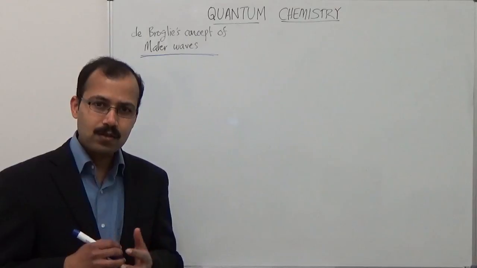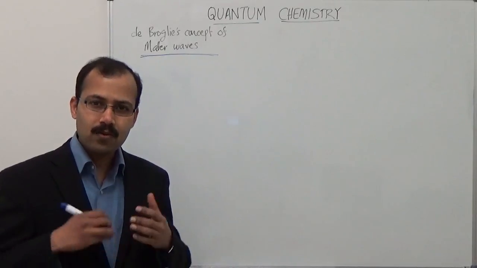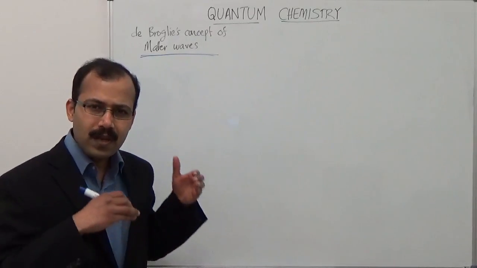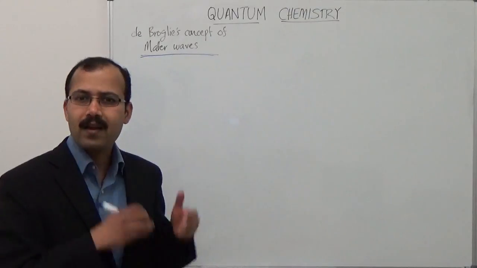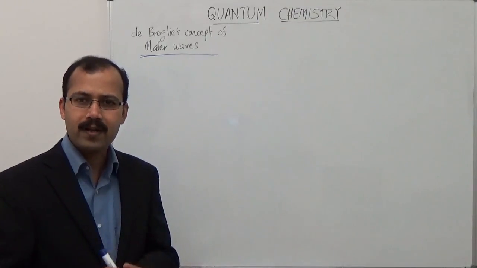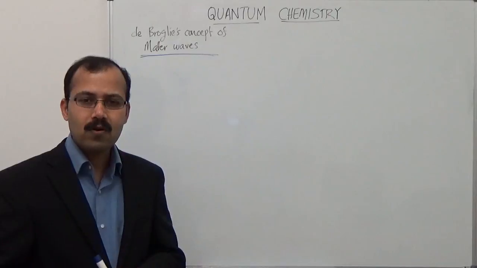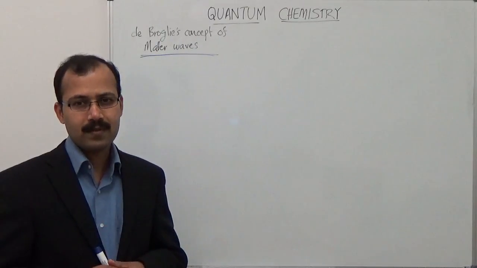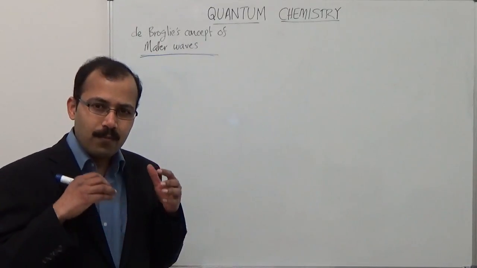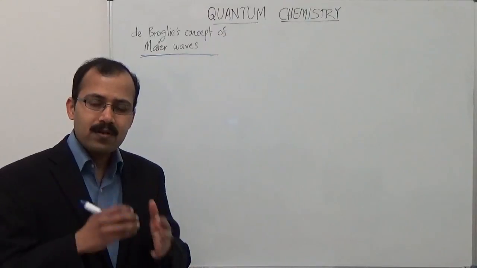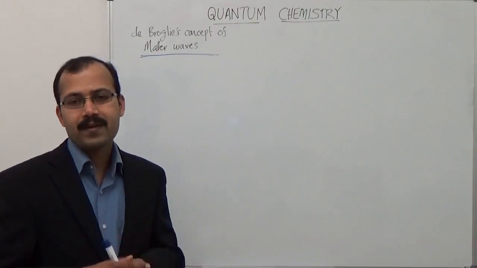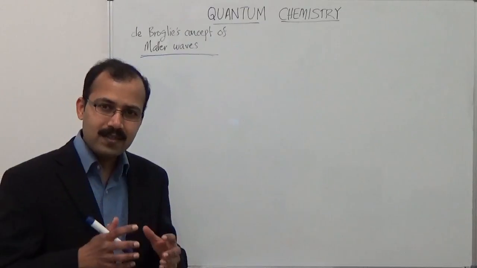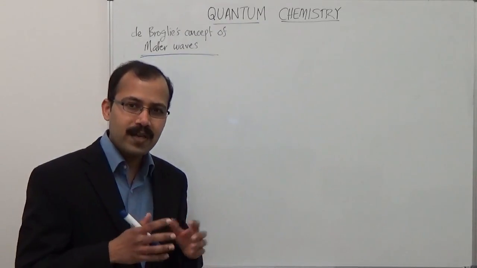A major breakthrough in our understanding of the electronic structure of the atom, and also in the entire concept of early quantum mechanics, was put forward by a French scientist called Louis de Broglie, and he put forward an important concept regarding the nature of matter. De Broglie said that matter has two natures.